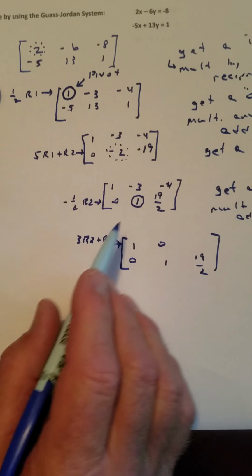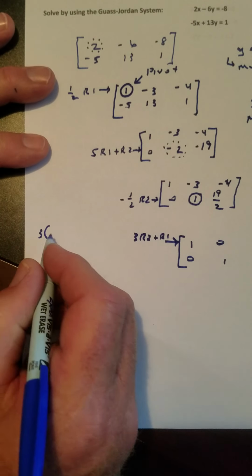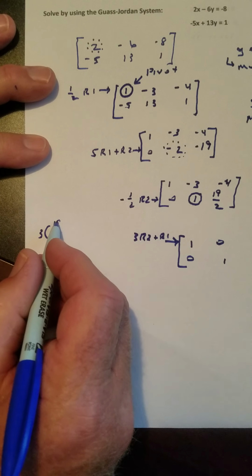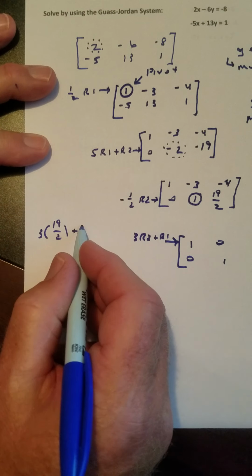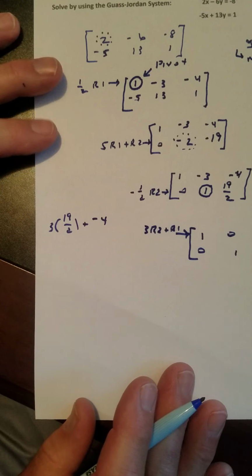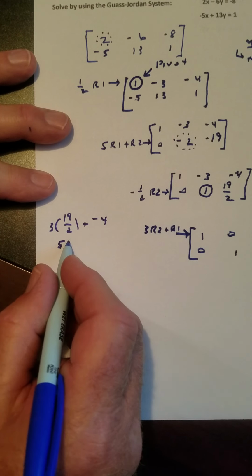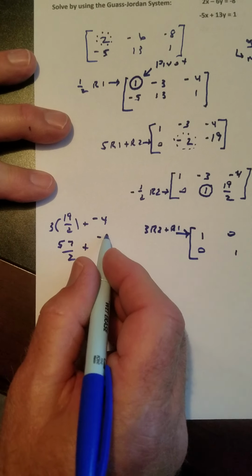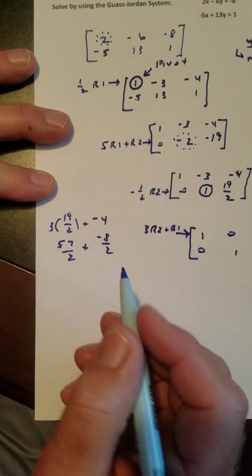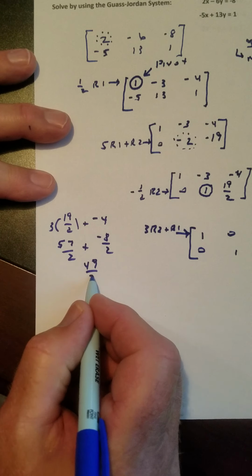I'm going to take 3 times that 19 over 2, and I'm going to add it to the number above, which was negative 4. That's going to be 3 times 19 is 57 over 2, plus, think of that as negative 8 over 2. So when you put those together, that's 49 over 2.